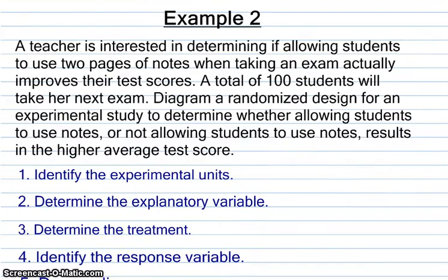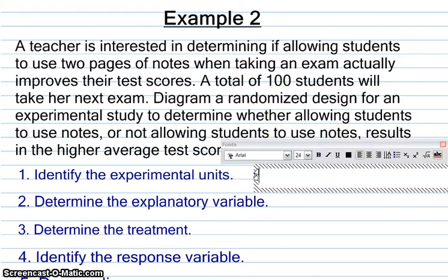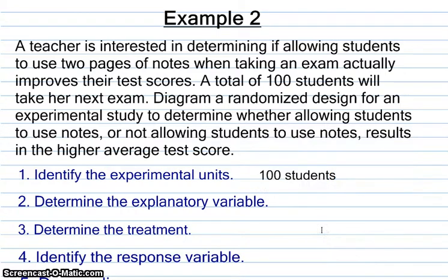Next example, take a minute, pause and read. Okay, experimental units, we're talking people here. The only number I see here with people is 100 students. Alright, the explanatory variable, the thing we have multiple versions of.